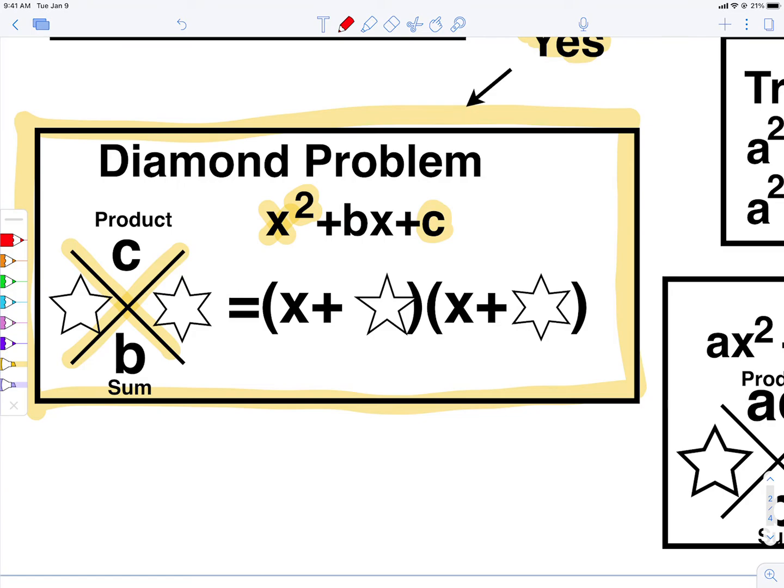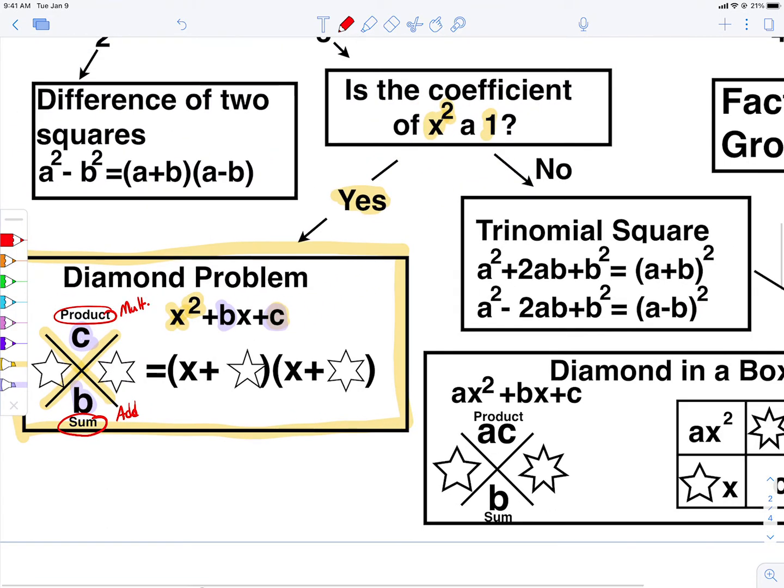The constant goes on the top, and the coefficient of x goes on the bottom. Now up here it says the product and the sum. So the product is the two numbers that multiply to the constant, and sum means they add to the coefficient of x.